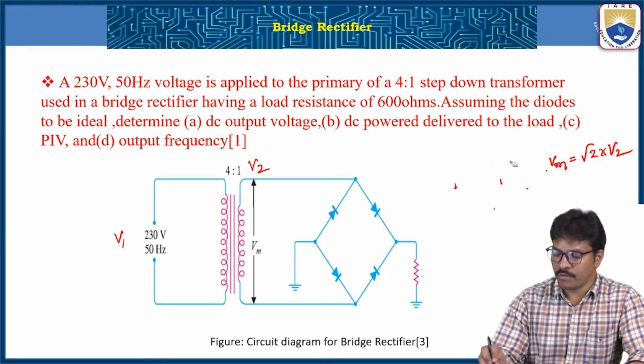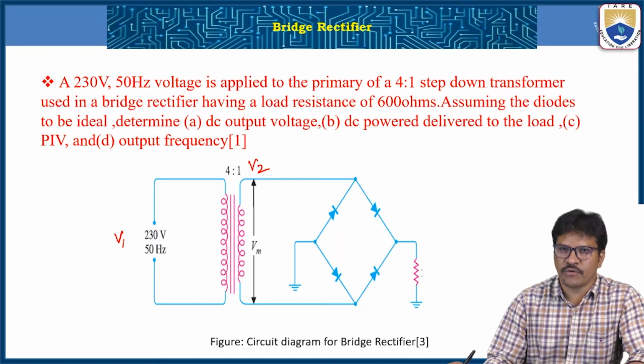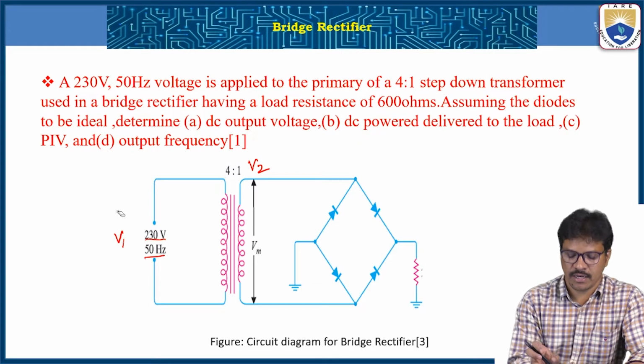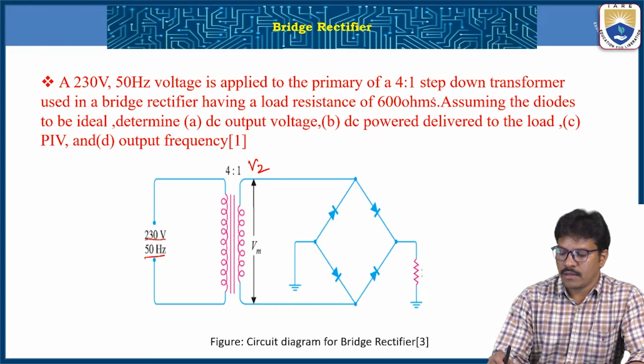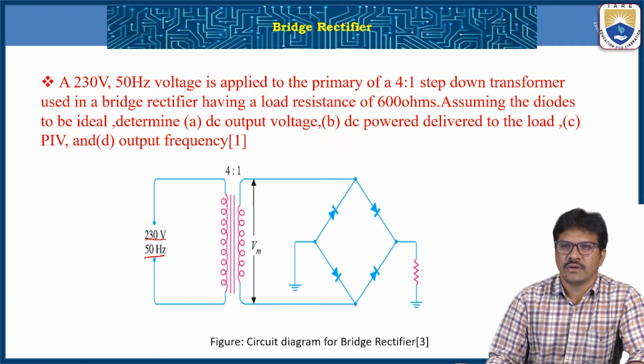Read the problem now. A 230 volt, 50 Hz voltage is applied to the primary of a 4:1 step down transformer. They have given a 230 volts, 50 Hz AC input voltage, and the transformer is a step down transformer with a 4:1 turns ratio, used in a bridge rectifier having load resistance 600 ohm.